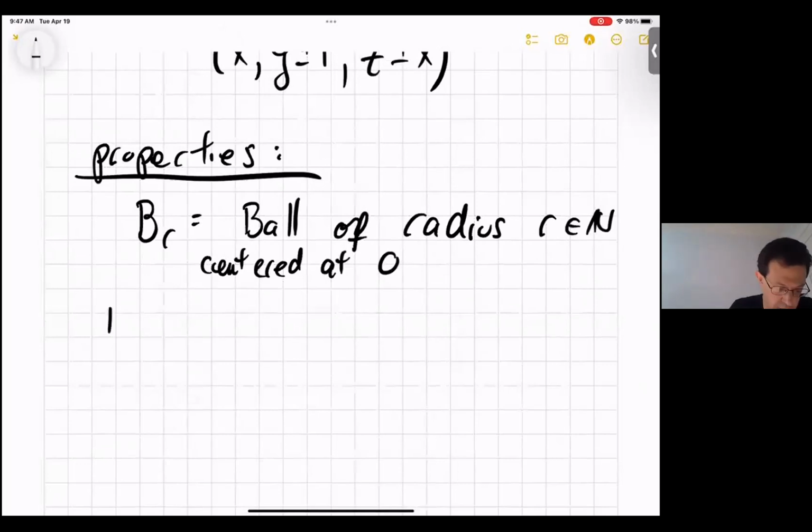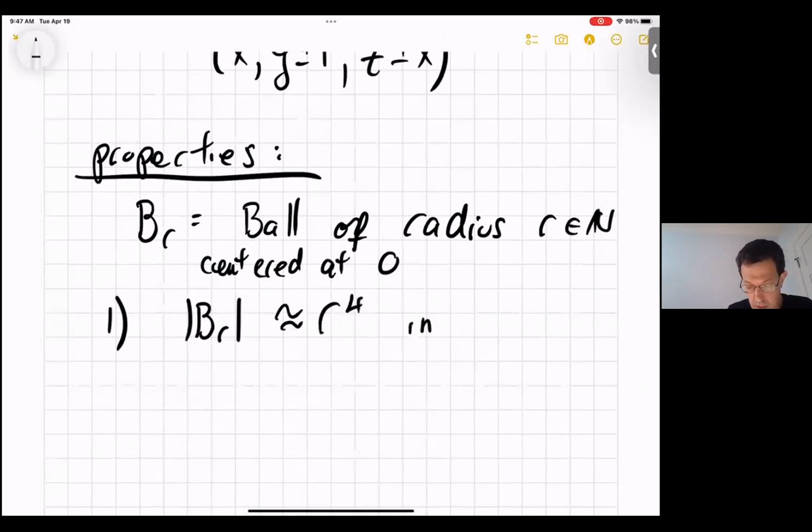The first thing I want to say is that the number of elements in a ball of radius R grows like R to the 4 in H3, and, bounded above and below up to constants, like R to the 6 in H5.